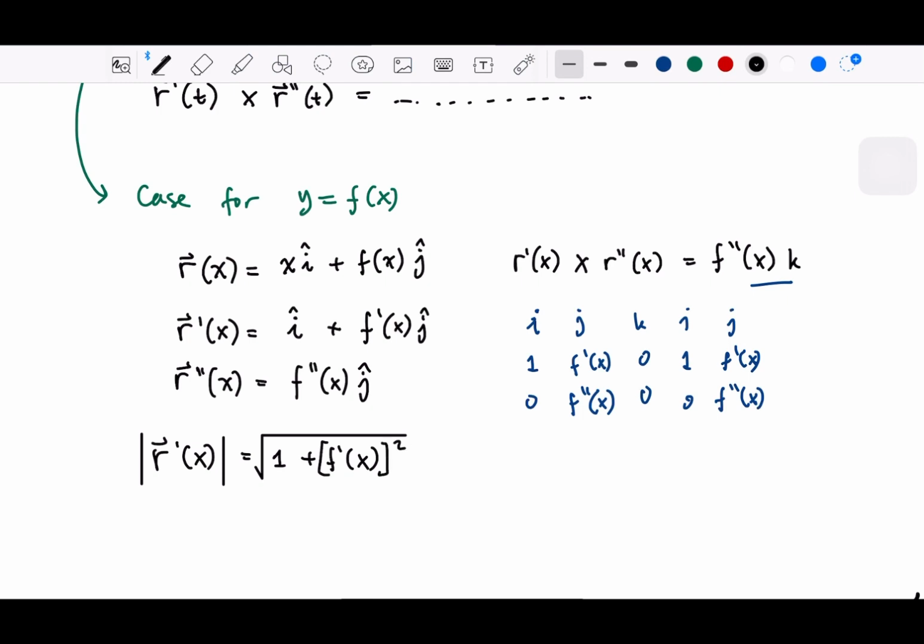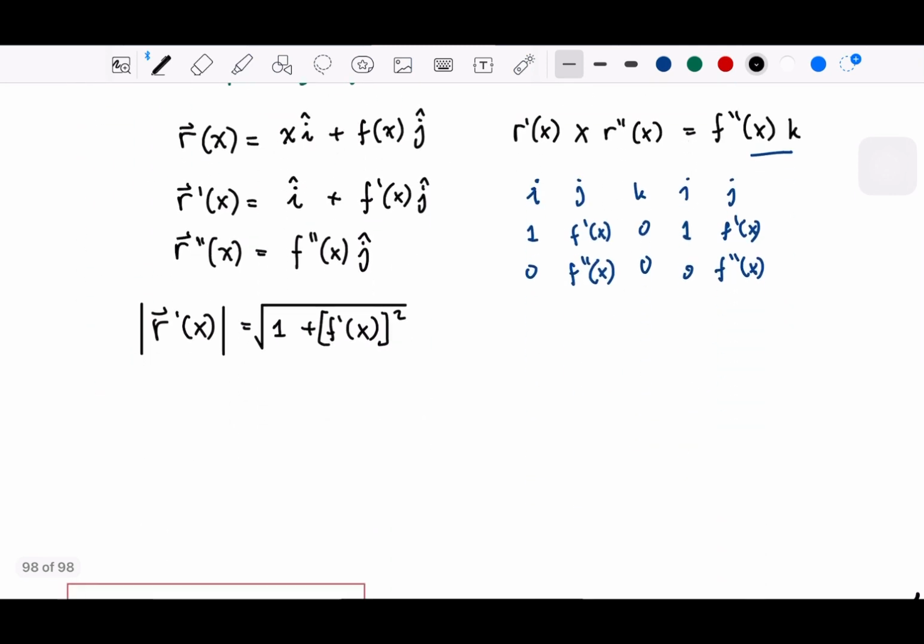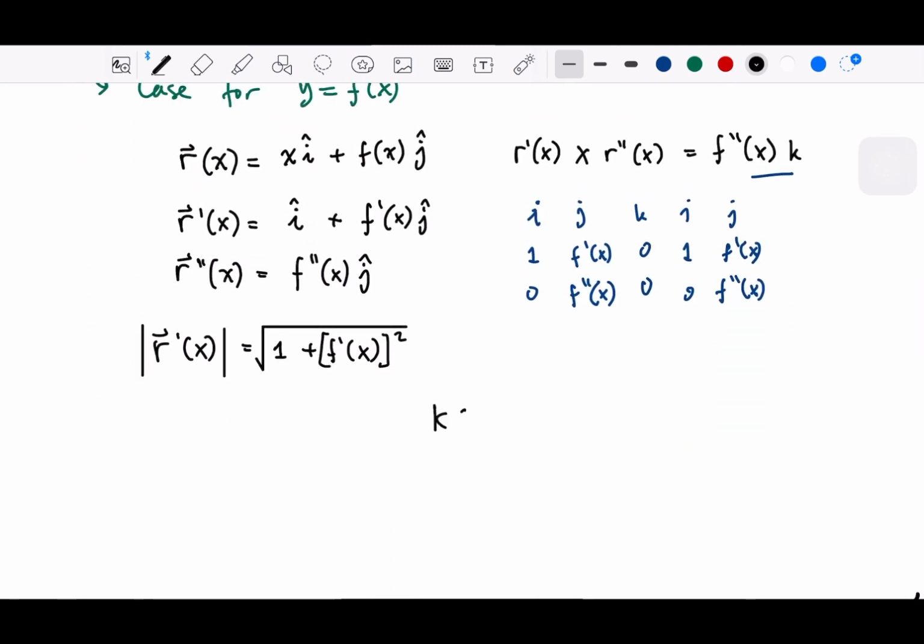Based on the formula that we have, the curvature for this function of x is equal to the magnitude of the f double prime x divided by this. When you write 1 by 1, this will be with power of 3.